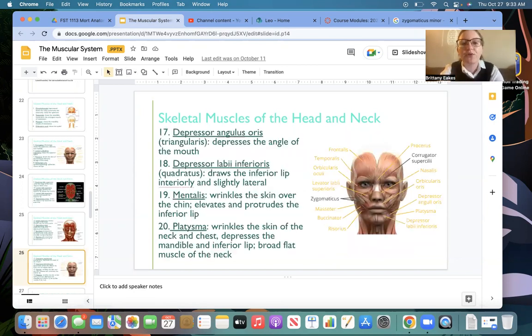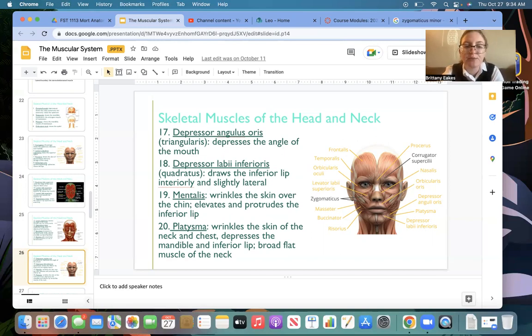Next, we have depressor anguli oris. So depressor meaning lowering, anguli referring to the angle of the mouth, and oris referring to the mouth. And this is also called the triangularis. It depresses the angle of the mouth.